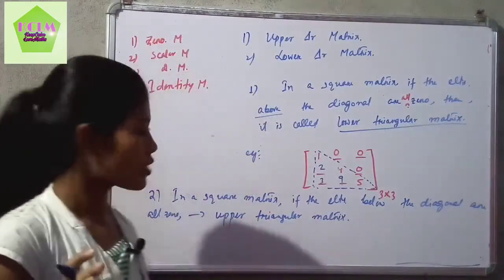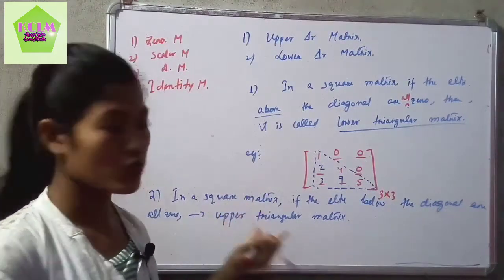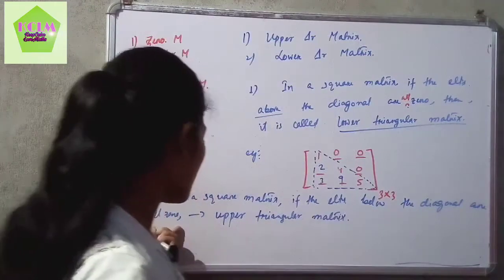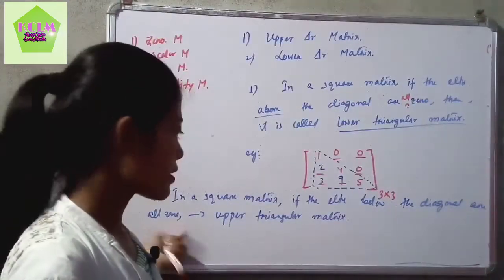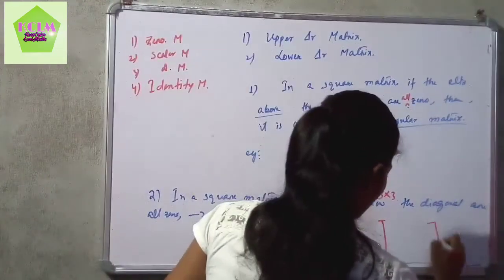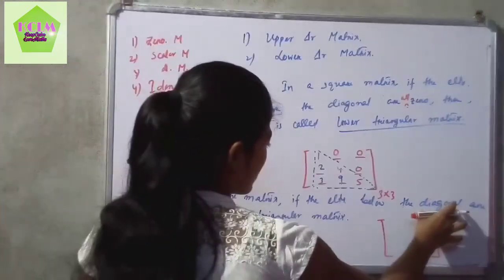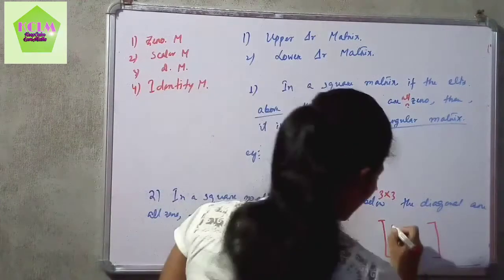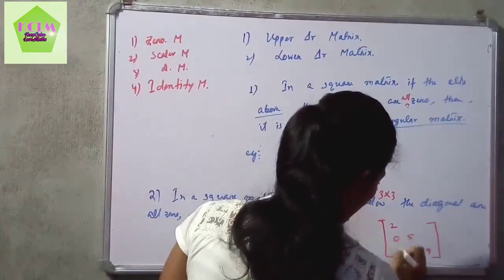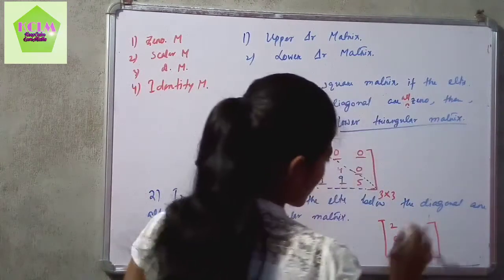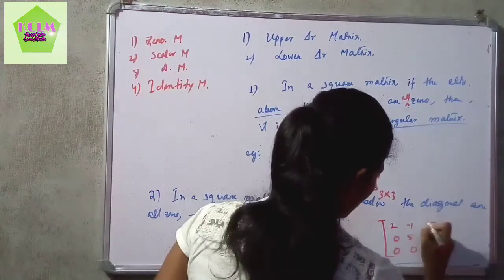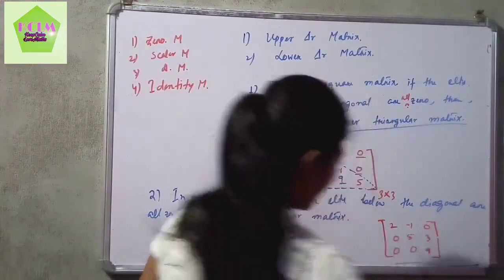So the definition is that if in a square matrix all the elements below the diagonal are 0, then this will be an upper triangular matrix. Suppose the diagonal elements are 2, 5 and 9, and the elements below them must be 0. Suppose this is -1, 0, 3.